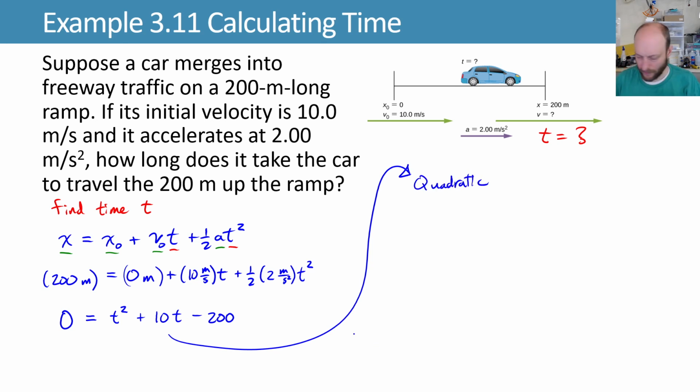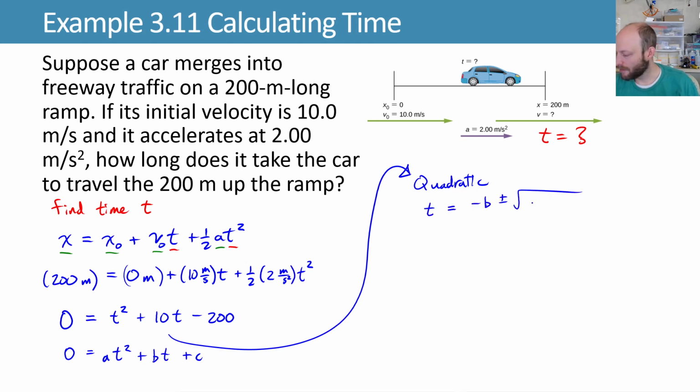So in general, when you have, let's say, at squared plus bt plus c equaling 0, you have a solution to this that's given by negative b plus or minus the square root of b squared minus 4ac over 2a.